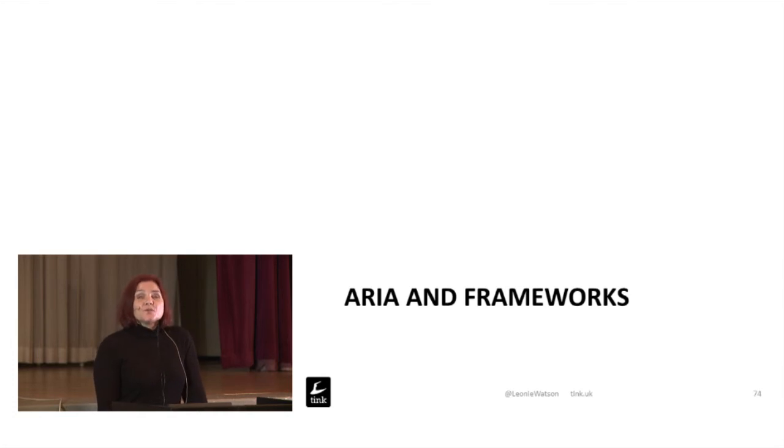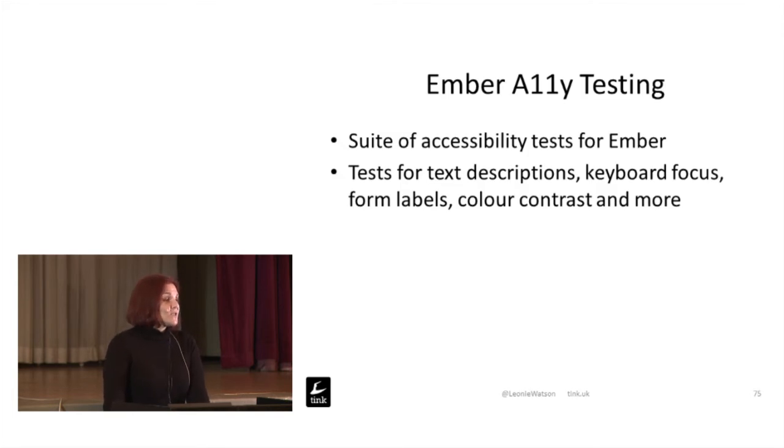Good news is there are some tools that you can use to help do this. There is an Ember A11Y test suite. If you're not familiar with the term, we use A11Y in the same way that we use I18N. There are 11 characters in the word accessibility between the A and the Y, so it's just a shortened way of referring to accessibility.